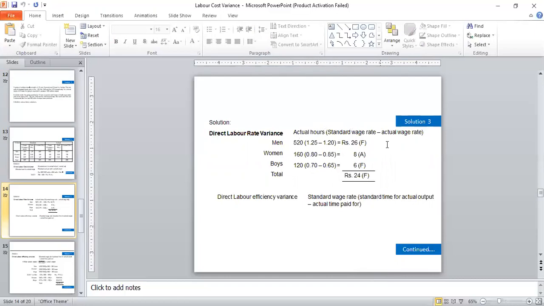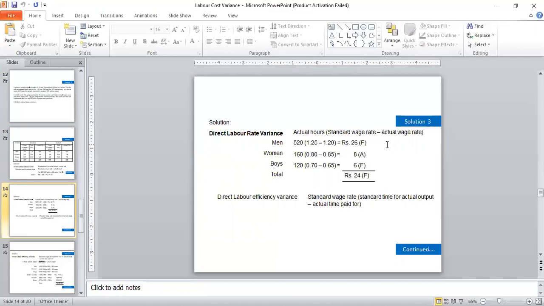Separately, we have to calculate. Actual hours of men work is 520 hours. Standard wage rate is rupees 1.25 and actual wage rate is rupees 1.20. Calculating this, we have got a rupees 26 favorable variance.